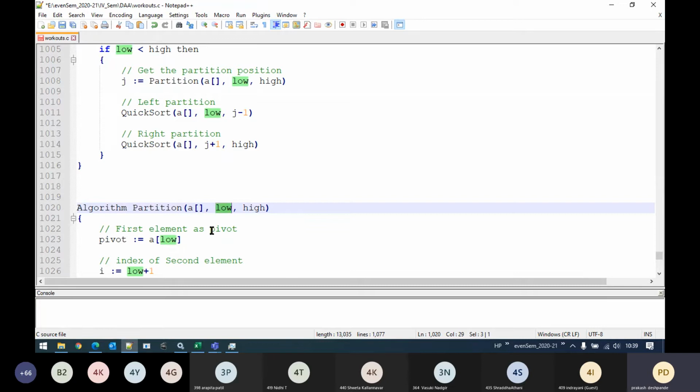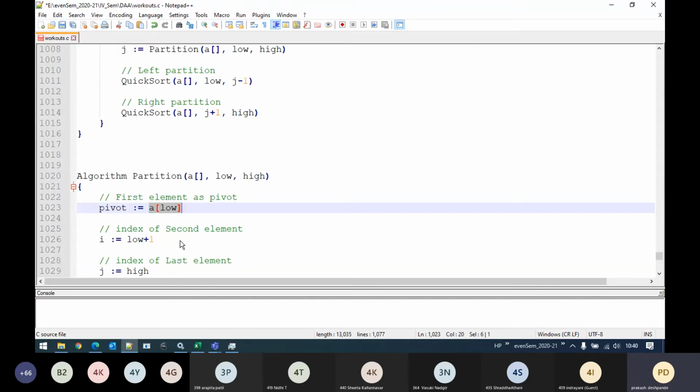First is the pivot. Pivot is basically nothing but the first element in the given set of elements, the first value in the array. Look at the notation: A of low, the first element in the given set.